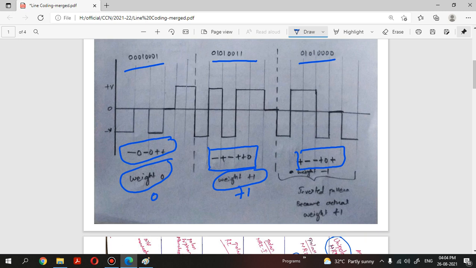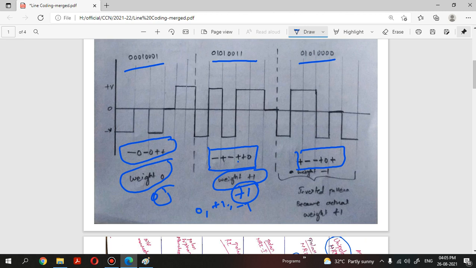So what needs to be done here is, they have a policy that two consecutive weights of the same value should not come, right? They always maintain 3 weights: 0, plus 1, minus 1. So two consecutive 8-bit inputs should not have the same weight. Here the weight value is 0, here the weight value is plus 1.